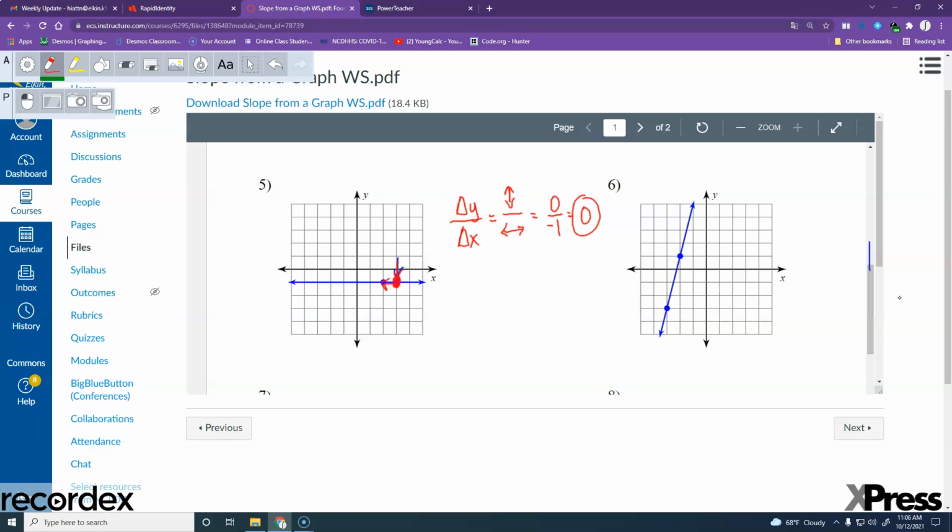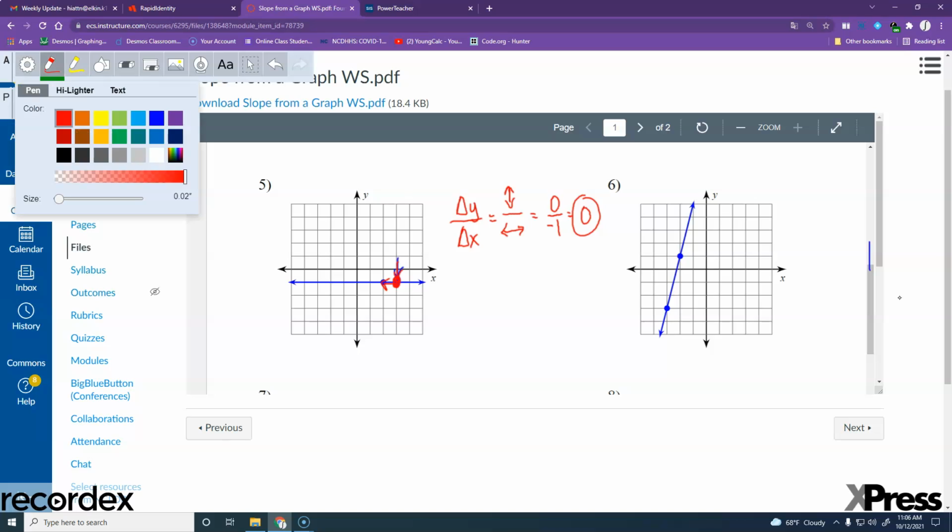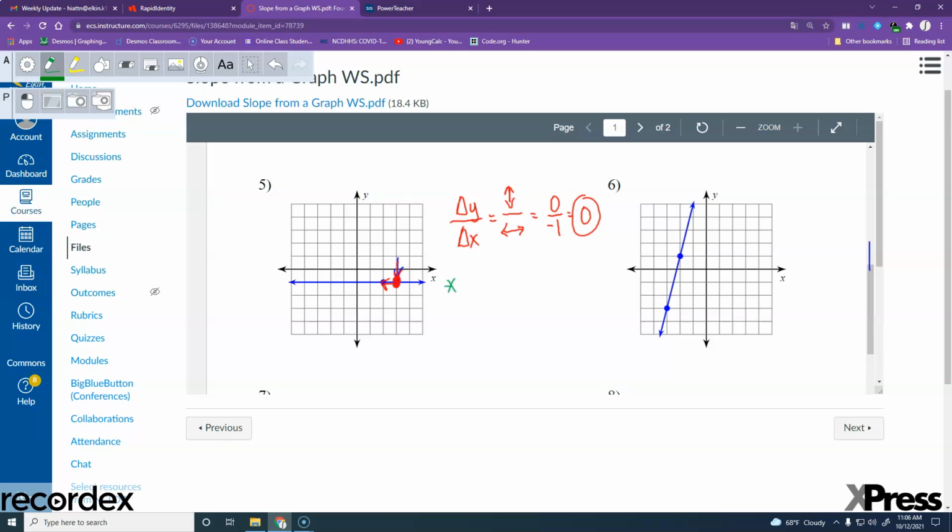Think about it. This is a flat line, right? Think about it if this is a hill, and you want to tell me how steep that hill is. It's not steep at all. It is 0 steep, right? So let's write this down. Let's put a note right here next to this problem. Horizontal lines have a slope of 0.